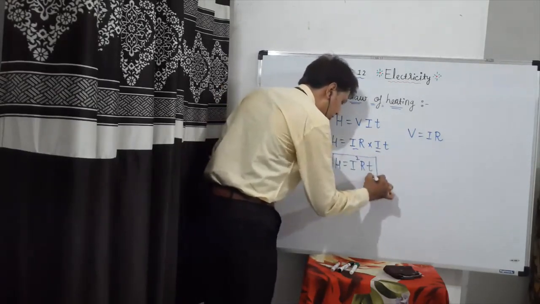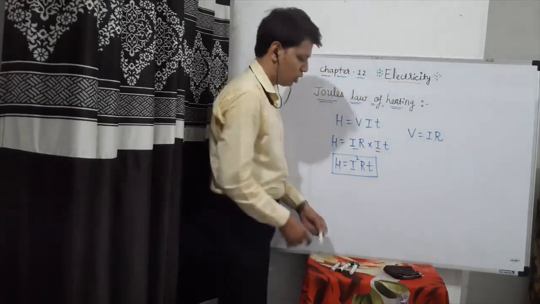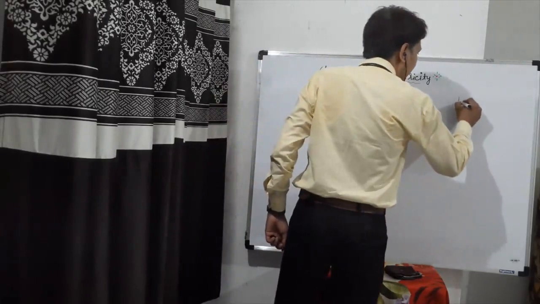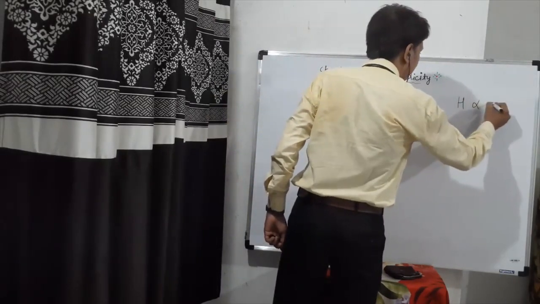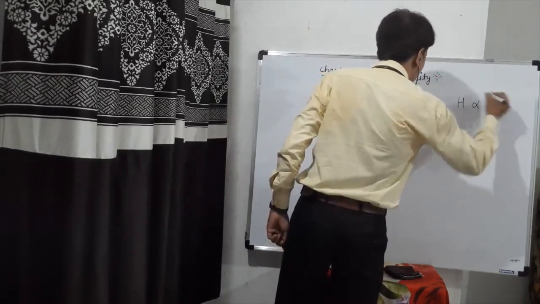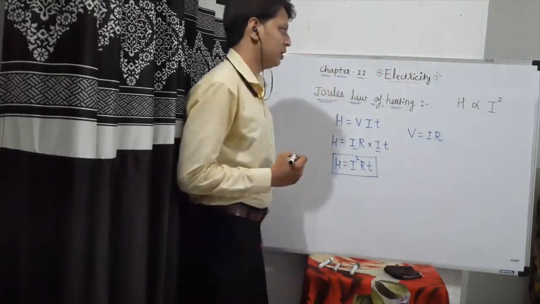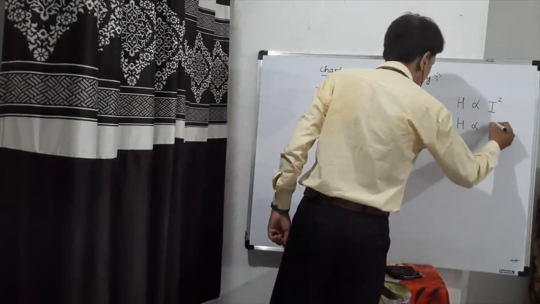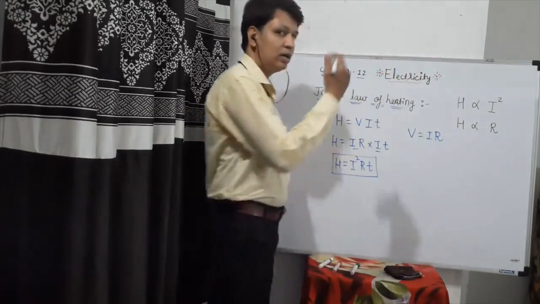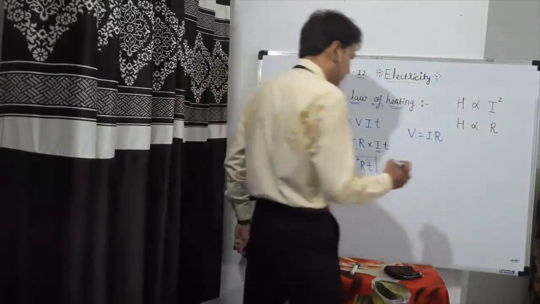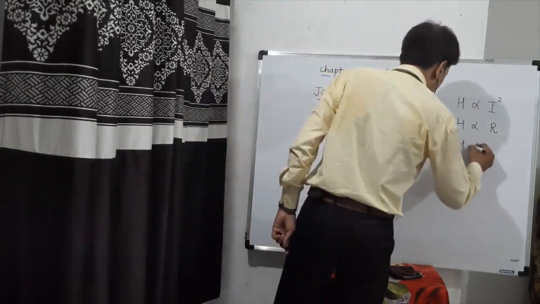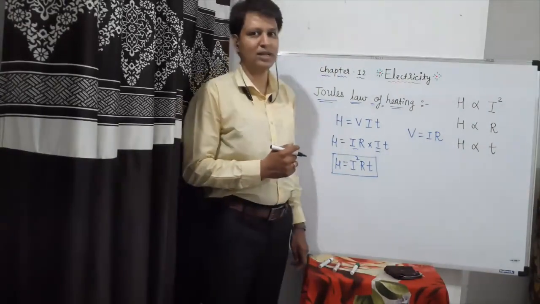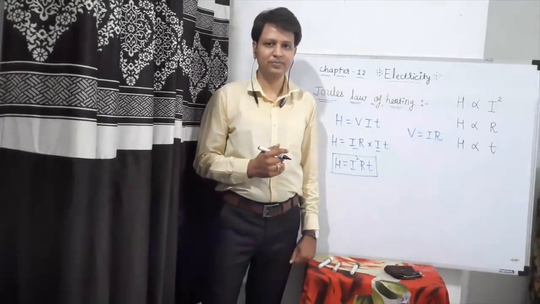This is the equation for Joule's law of heating, where we can consider that heat is directly proportional to the square of the current. Heat is directly proportional to the resistance through which current I is passing, and it is also proportional to the time for which current is passing through the resistor.